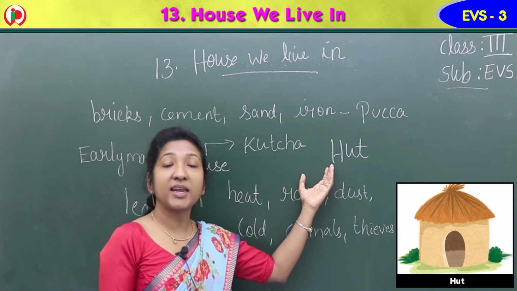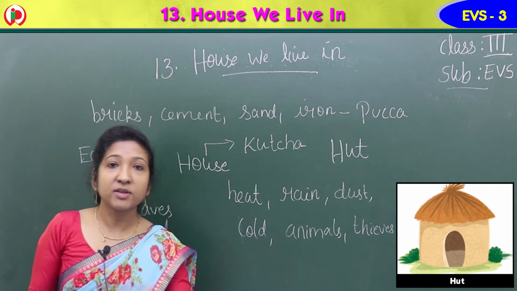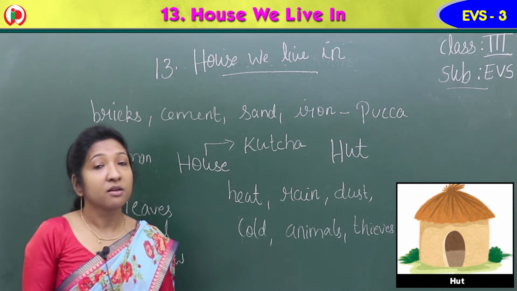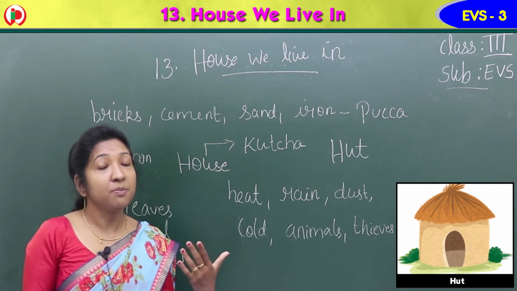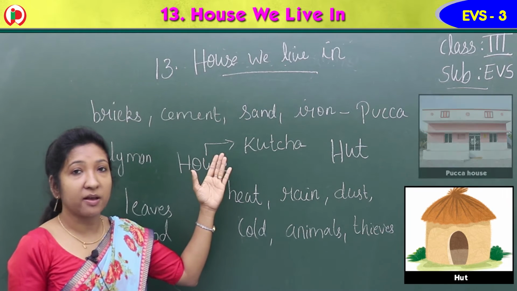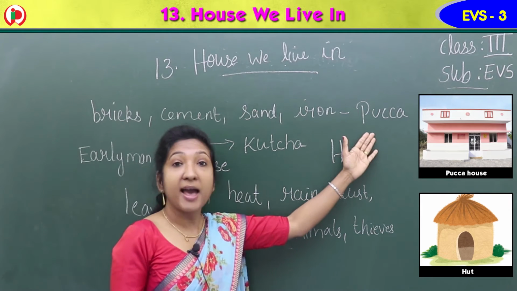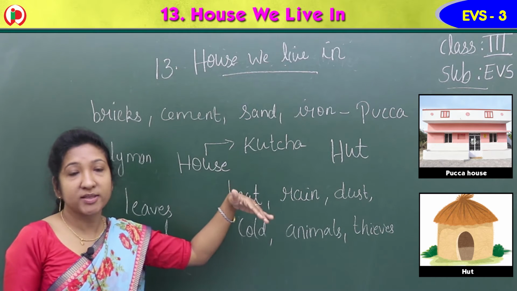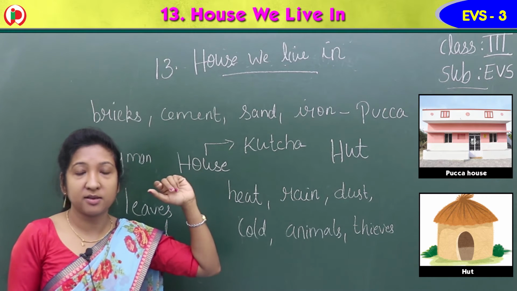When heavy wind and rain come, these houses get broken. Then slowly man started making houses of bricks, cement, etc. They are pakka houses. They are strong. These are two different types of houses: kacha house and pakka house.